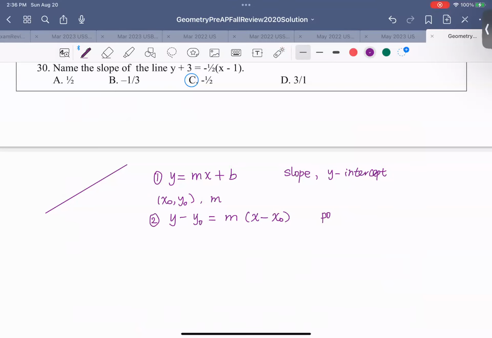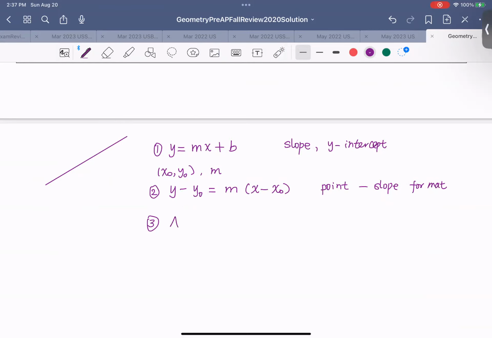Excellent. Second one. You might have seen this before, you might not have. It's called ax plus by equals c. Do you know what this format is called? This is called the standard format. Okay?